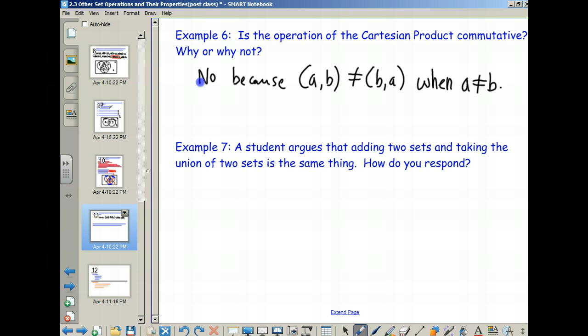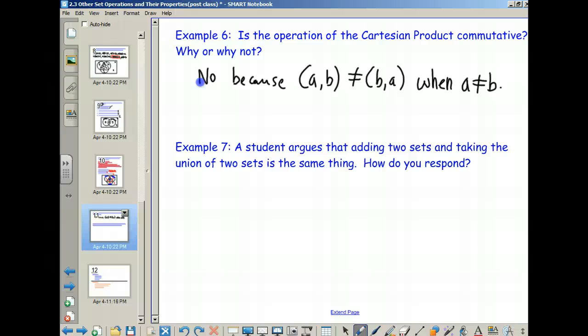So as long as the numbers are actually different numbers, or the letters are actually different letters, when I switch the order, I get something different. The image in your mind should be those XY points on the Cartesian plane, the coordinate axes. It's a different point, right? So this is why they're not commutative. You can't change the order and get the same thing.